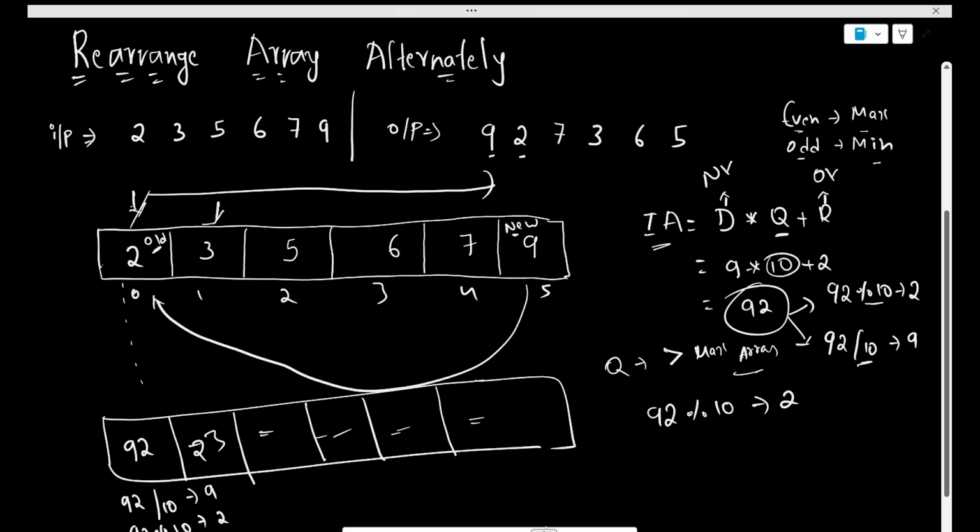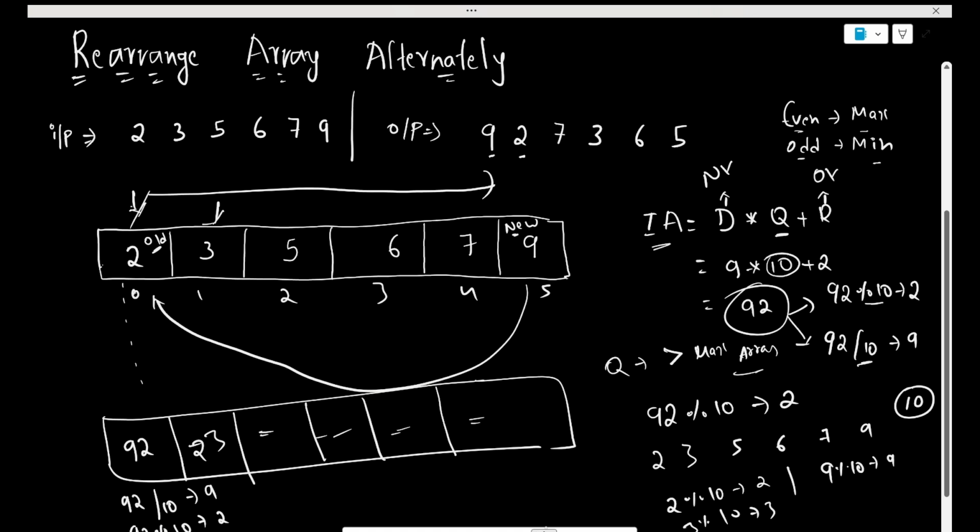First, take this example. The input is 2, 3, 5, 6, 7, 9. So the maximum of this entire array is 9. Yes, we will be taking 10 then. What's 2 modulo 10? Obviously 2. 3 modulo 10, 3, and so on. 9 modulo 10, 9.